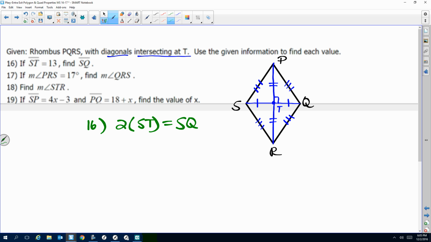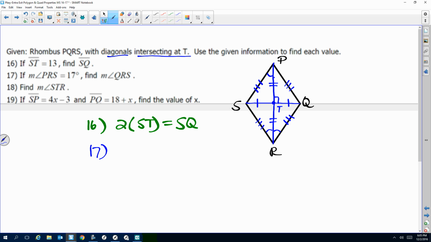Now, when we get to 17, because they're talking about if the measure of PRS, this angle right here, is 17 degrees, find the measure of QRS. Want the whole thing. So, well, when we have a rhombus, the diagonals bisect the opposite angles.